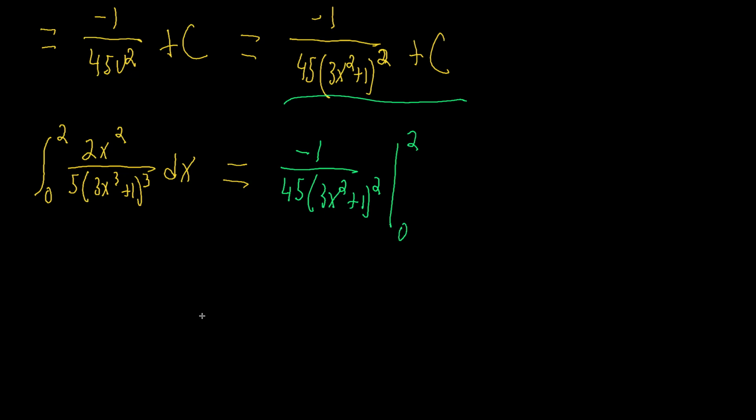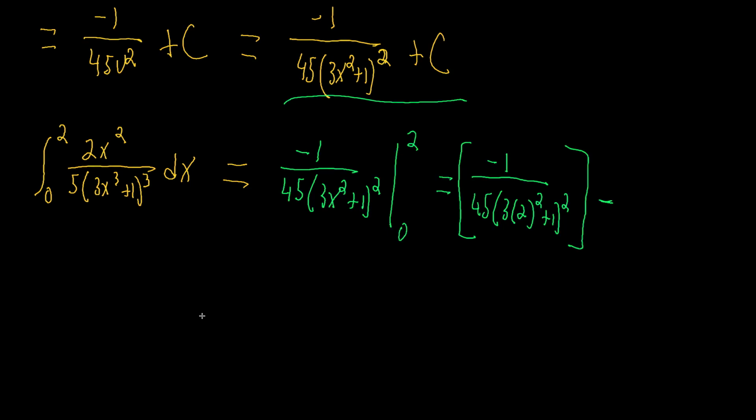So, all that we have left is just to finish the problem off. This is, by definition, just this entire thing here with a 2 plugged in. So at the top, so let's write that. It's negative 1 over 45 times (3 times 2 squared plus 1) squared. That's the first thing.